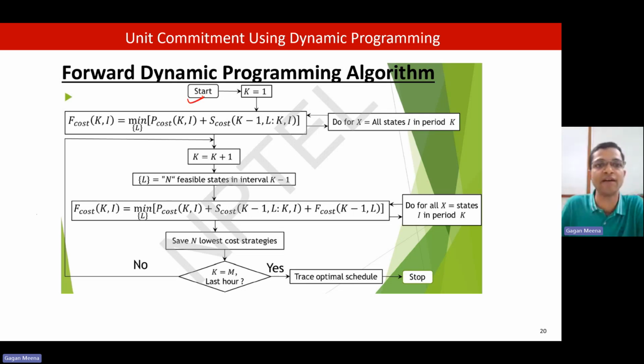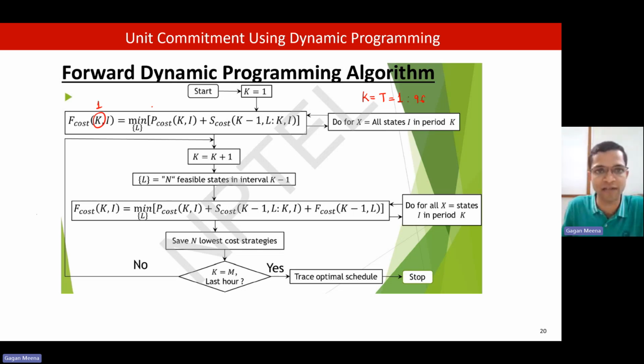Here we start with the first K. Here is the time block, or K stages T we can say, which is from 1 to 96. For each time block we want to solve this, right? So K is the time block.